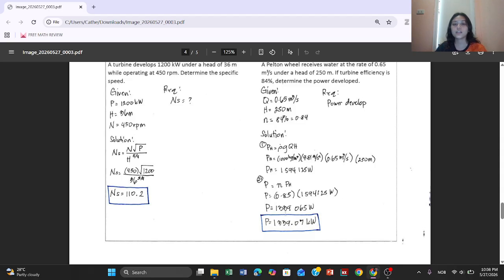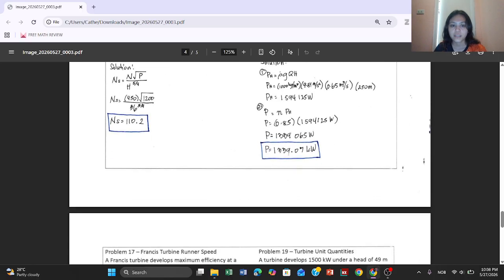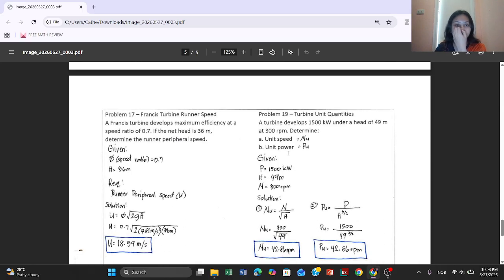We can get 1,339,065 watts or 1,339.07 kilowatts.